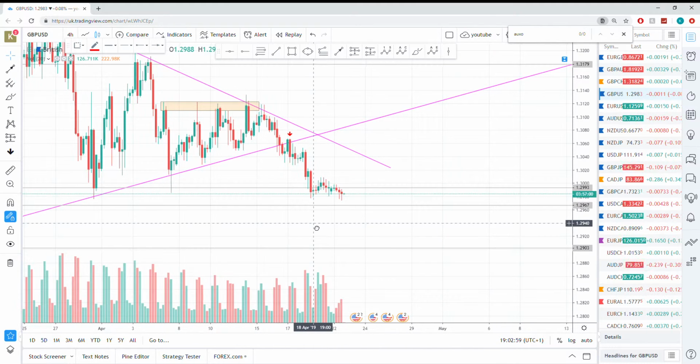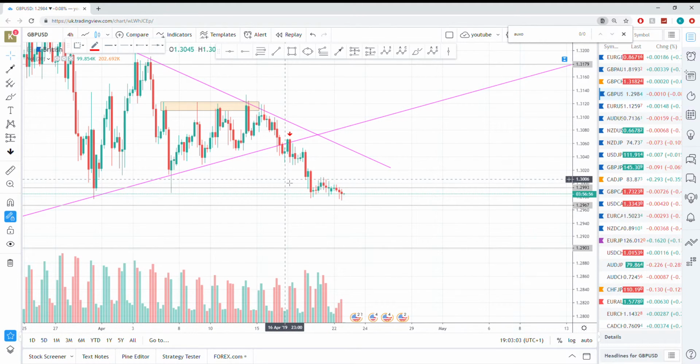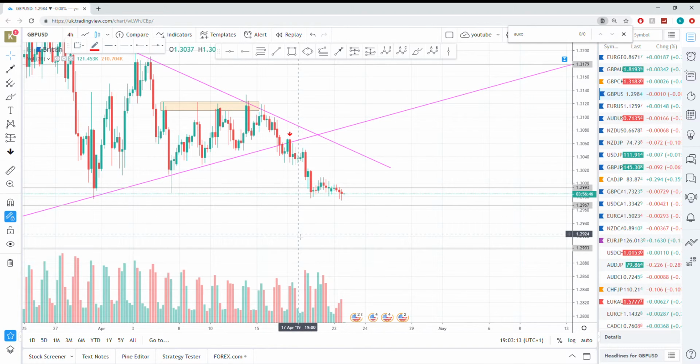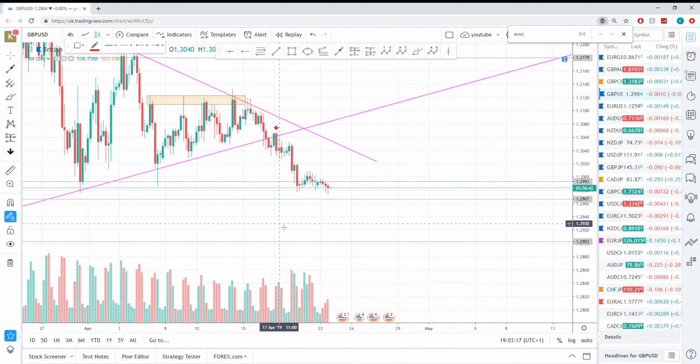But having key zones and key levels gives you a better way of getting rid of all that emotion involved in trading. Something that I would look into a bit more.